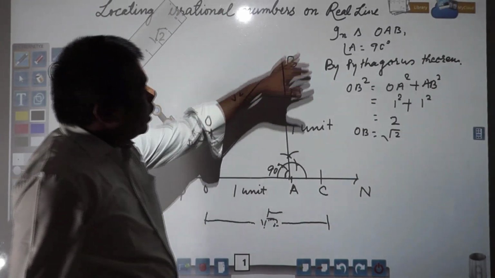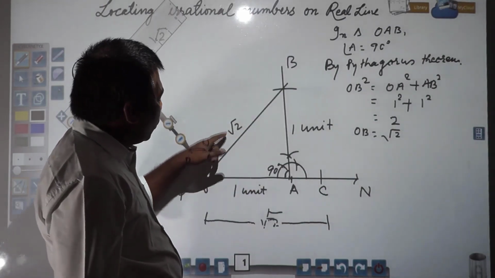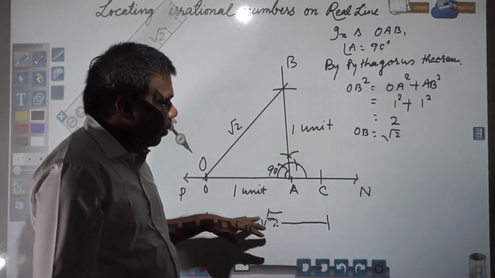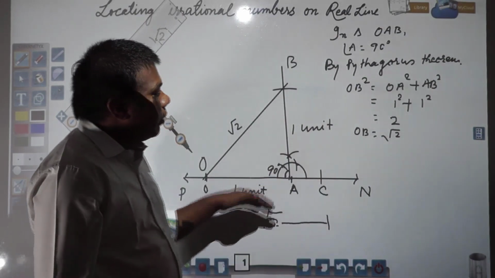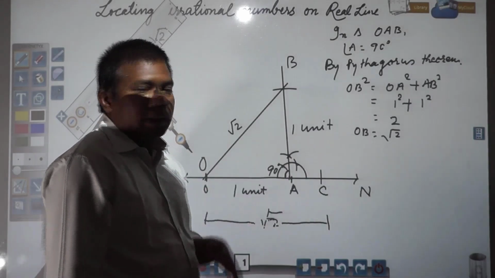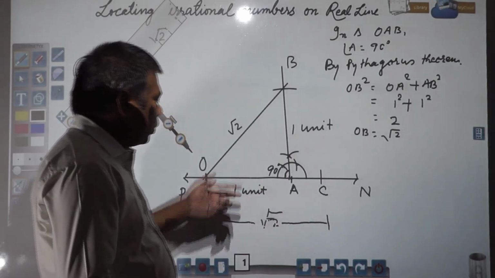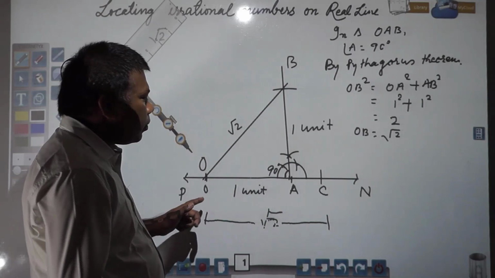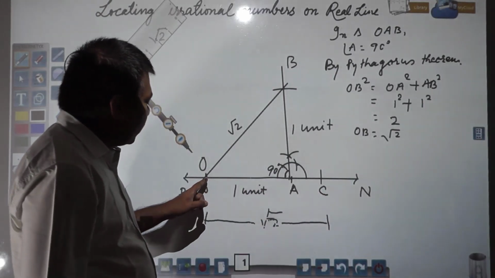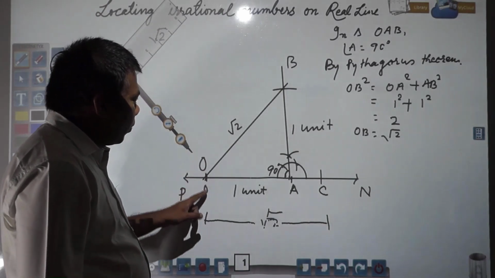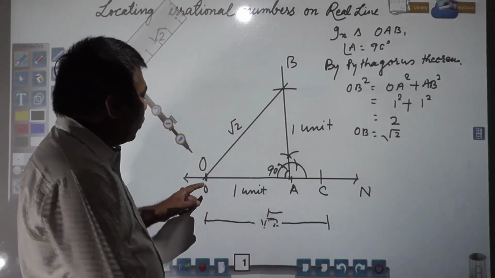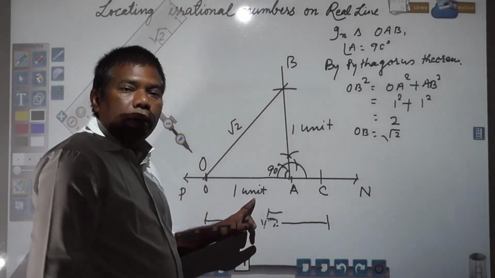So when you are locating this root 2 in real life, with all the things whatever I have done, those steps are required to be written. What you did actually: again you recall, we had drawn PN, a number line, we had fixed a point O from where numbers start with 0, and then we have taken OA as 1 unit.